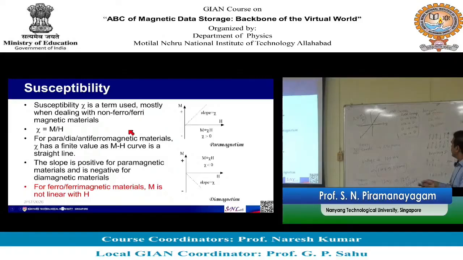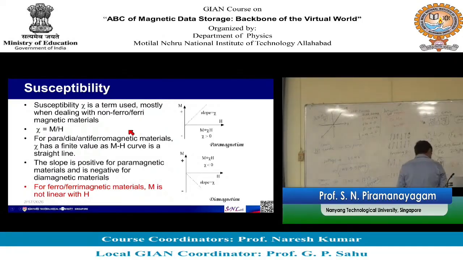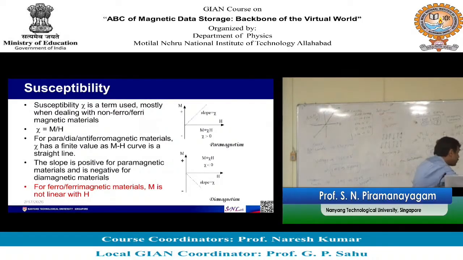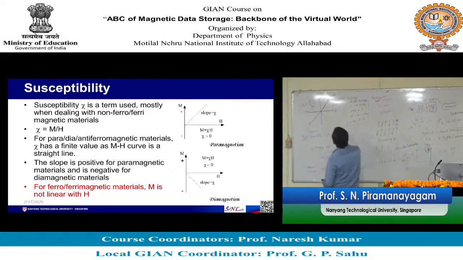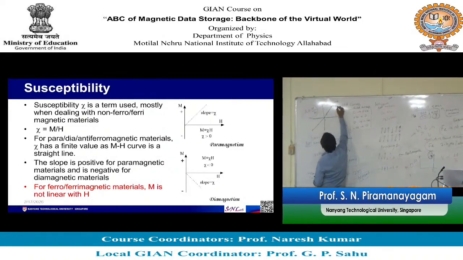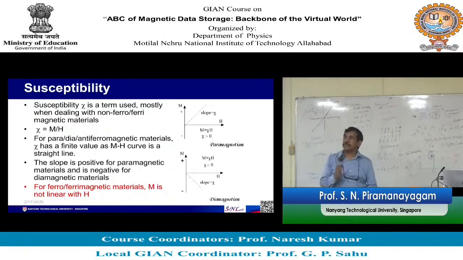Now let us say I place a diamagnetic material. I place copper in between the poles of a VSM and measure the MH curve of a diamagnetic material, then it will go like this.